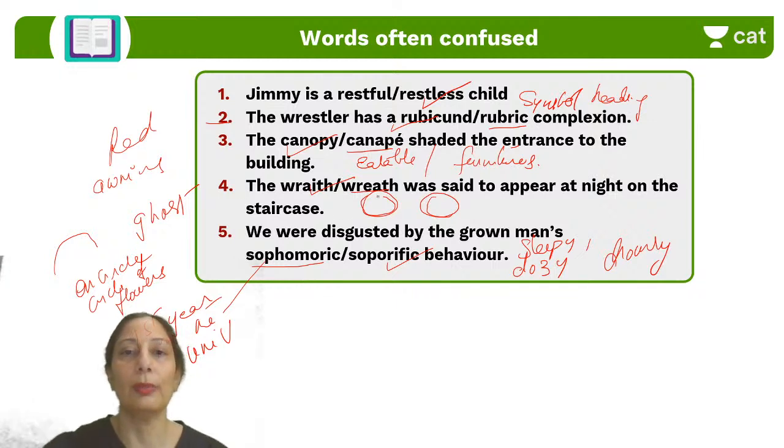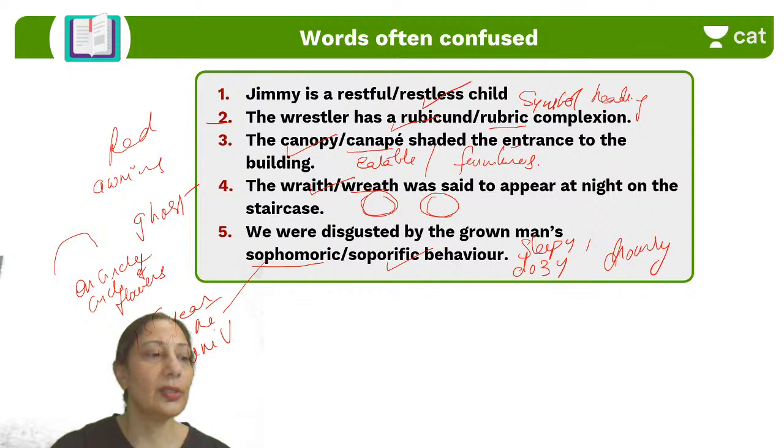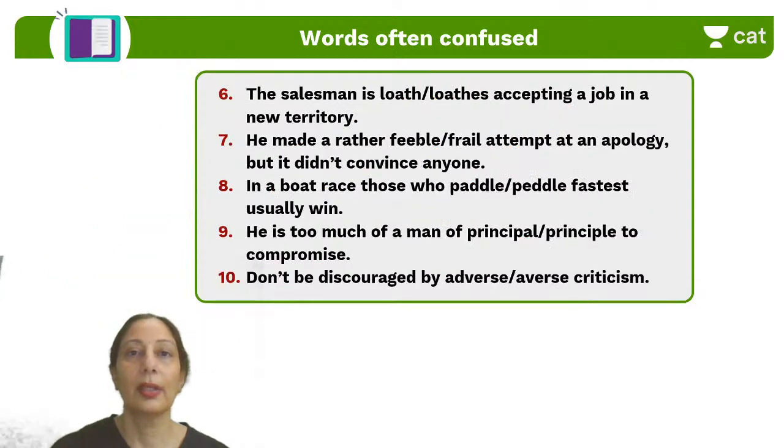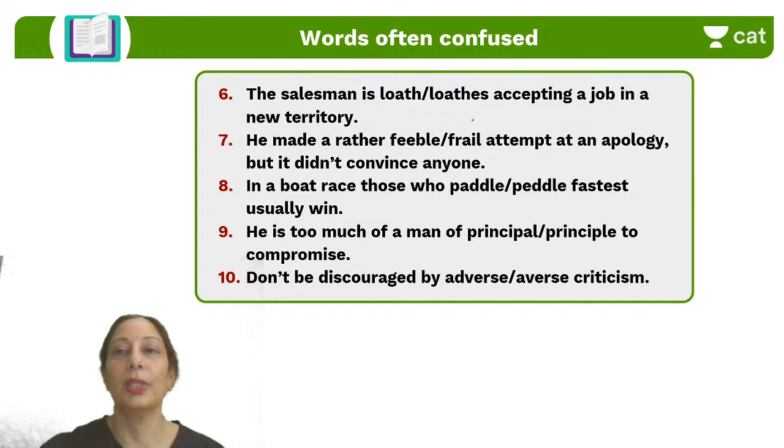As I told you, wreath means to encircle something. Or wraith is a ghost, right? Second year graduate, okay. It's the earlier years in the university. Some people call it the first year, some people call it even the second year. Correct, guys.